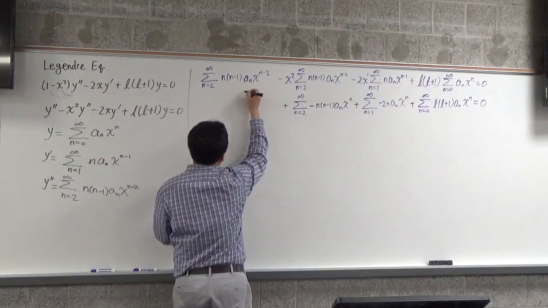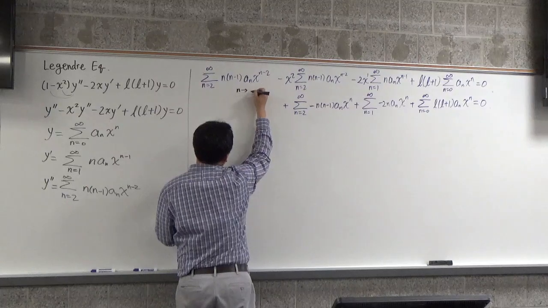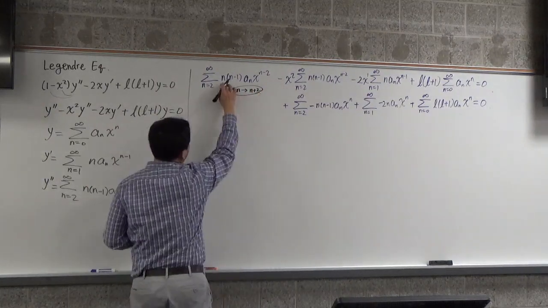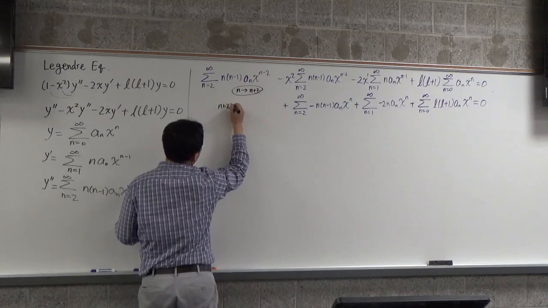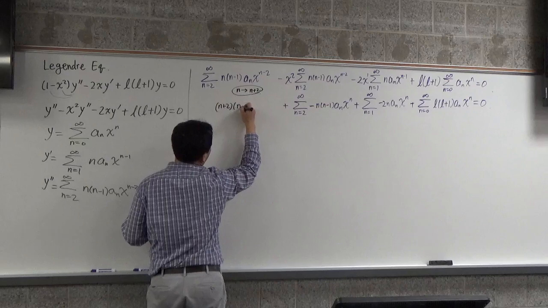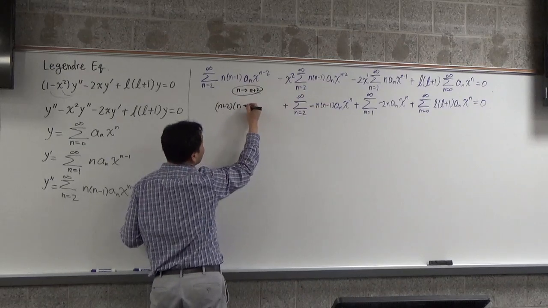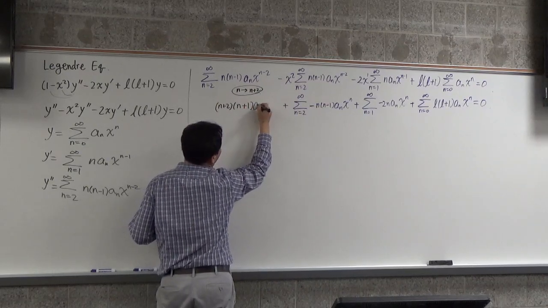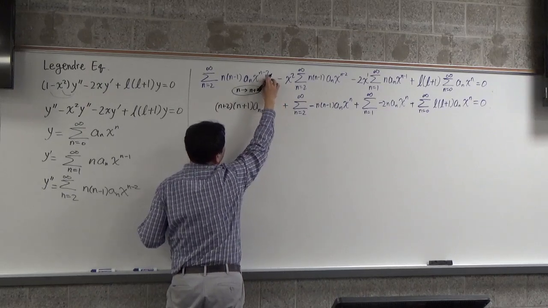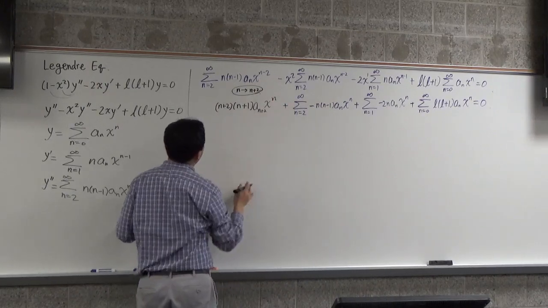So you take n, replace all the n's by n plus 2, so that n becomes n plus 2. What's n plus 2 minus 1? It's n plus 1. So we get a_(n plus 2), and then n plus 2 minus 2 is just x to the n, as we want it.